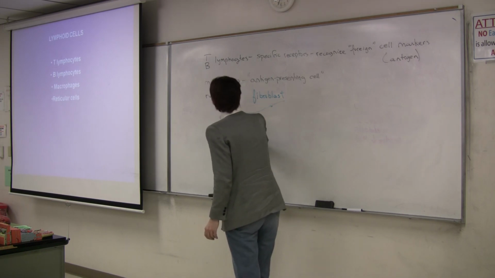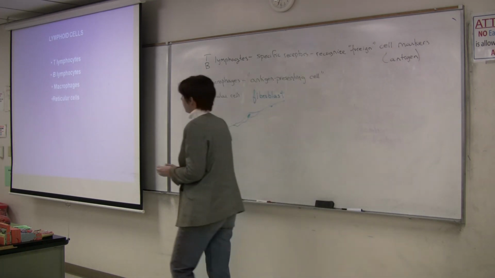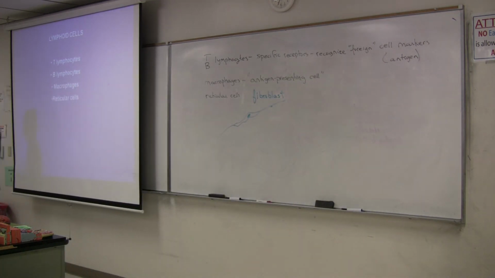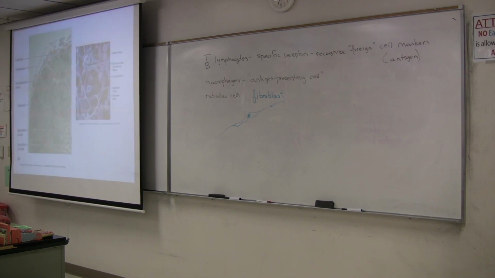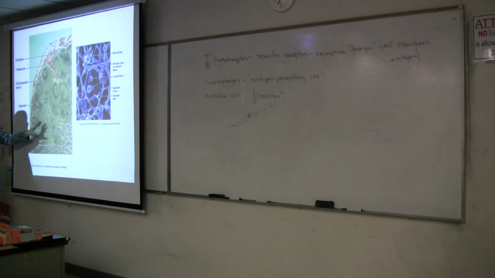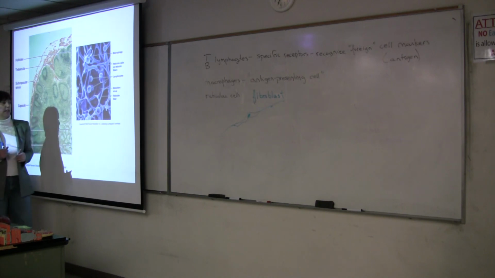So we find these long structures, and I've got a really good picture, even better than that one. Here. So this is in a lymph node, and this is actually a sinus. It's not a high congregation of cells.